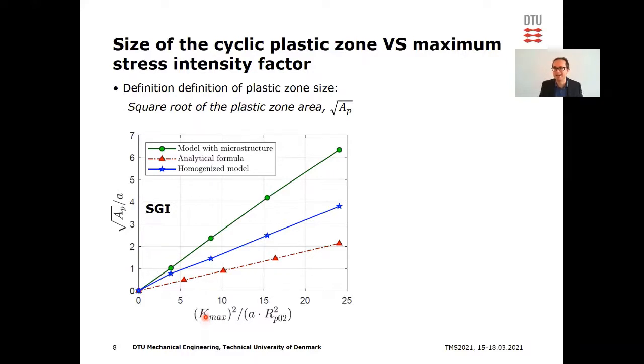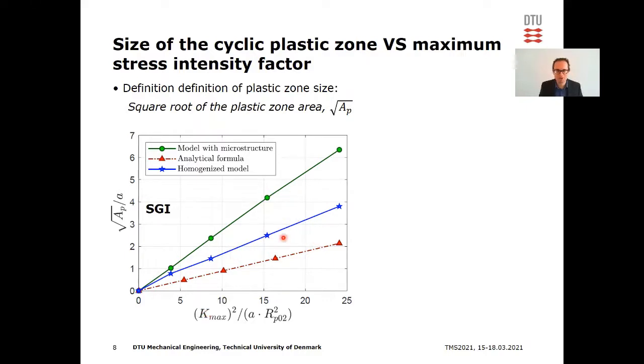One is that Mises-based plasticity is maybe not the best way to model plasticity in an idealized composite like this one. And the second reason is that an idealized composite like this one actually shows a continuous transition from the elastic to the plastic behavior. And this is something which is quite difficult to capture with the standard plasticity models.